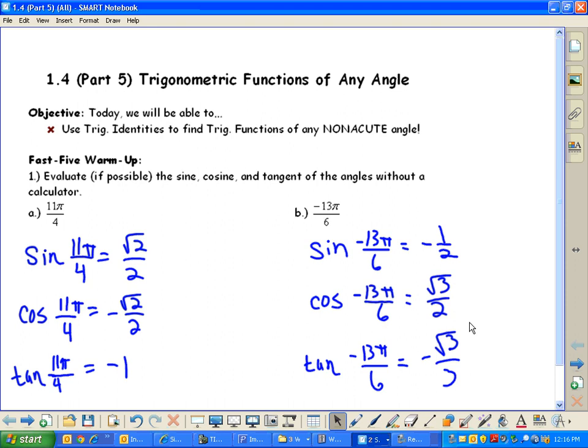Yeah, that's not right. And when you say I subtracted it, I don't necessarily know what your it is, so I don't know how you got 25 over 6. -13 pi over 6. Okay. So I know what you did now.